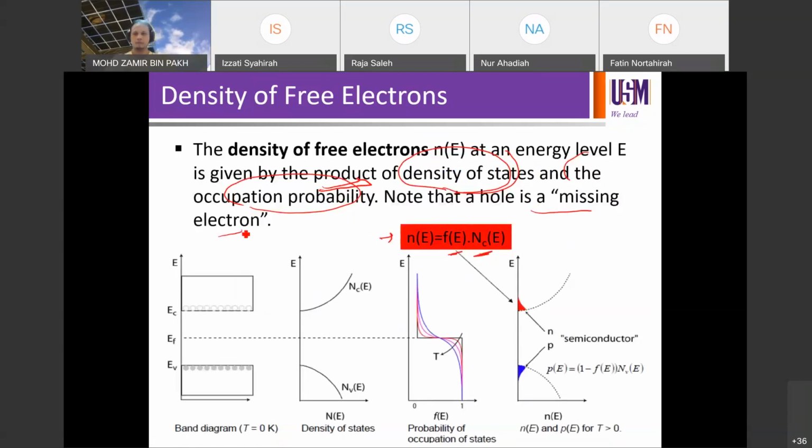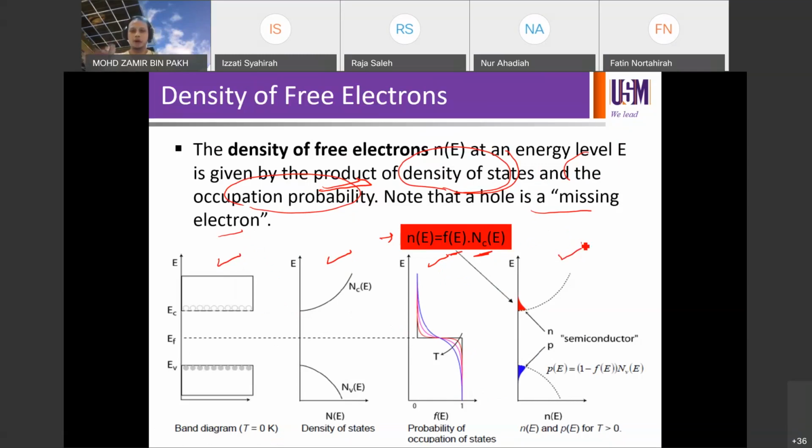So if you want to put all of these illustrations together, you have a band diagram here, then your DOS here, then your Fermi-Dirac distribution function here, and eventually all this information leads to your density of free electrons or density of free holes here.